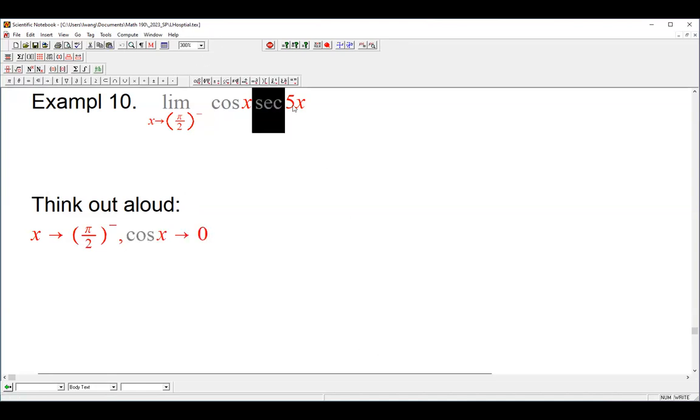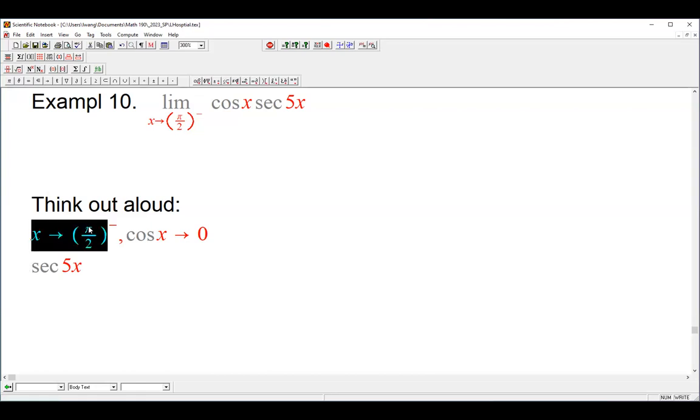Okay, how about secant? When x is approaching pi over 2 from smaller than pi over 2, that's going to be secant 5 pi over 2, right? Secant 5 pi over 2 also approaching 0.